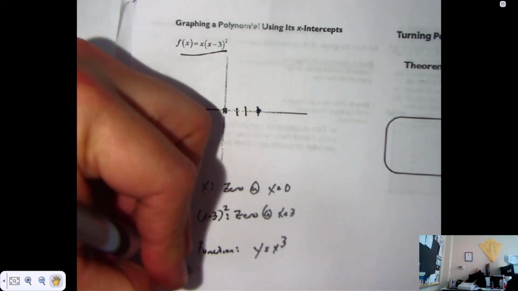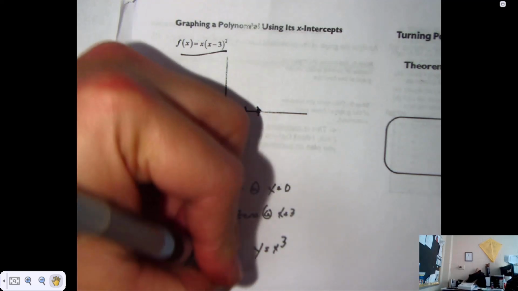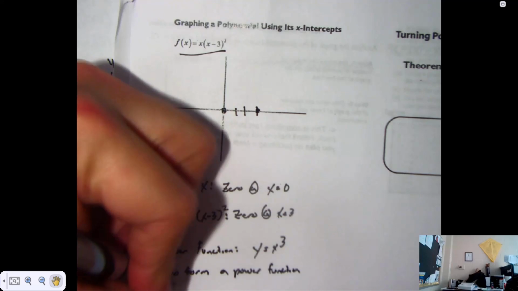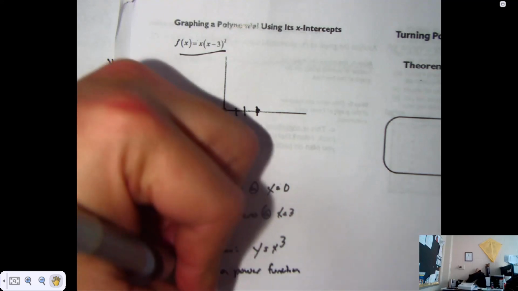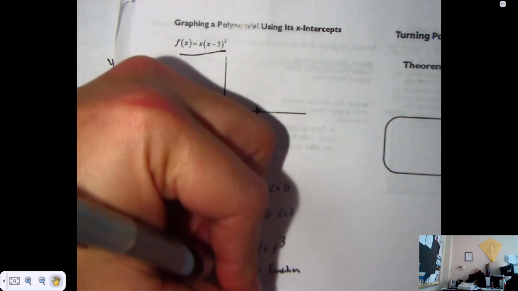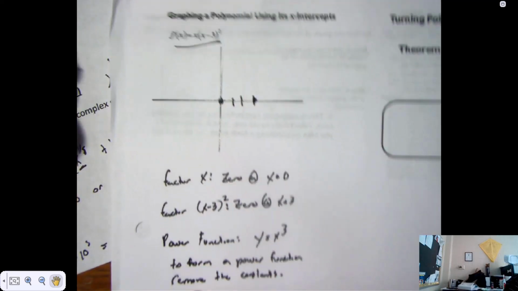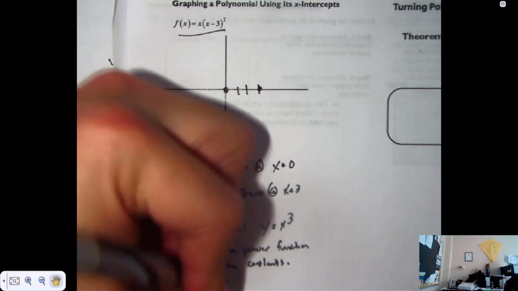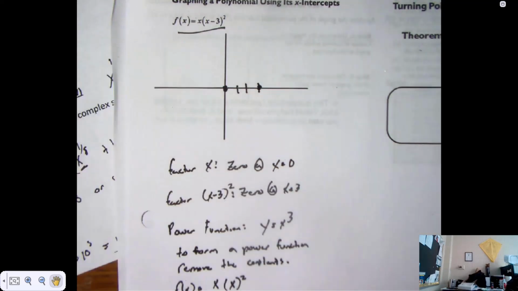To form a power function, you remove the constants. So this thing becomes f of x equals x times x squared. And that's my x cubed.